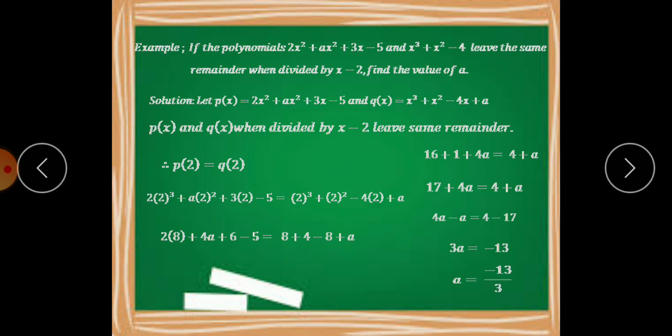As the remainders are the same, P of 2 is equal to Q of 2. P of 2 means in the first polynomial replace all the variables by 2, and in the second polynomial replace all the variables by 2. Thus, by doing the simplification, we get a is equal to minus 13 by 3.